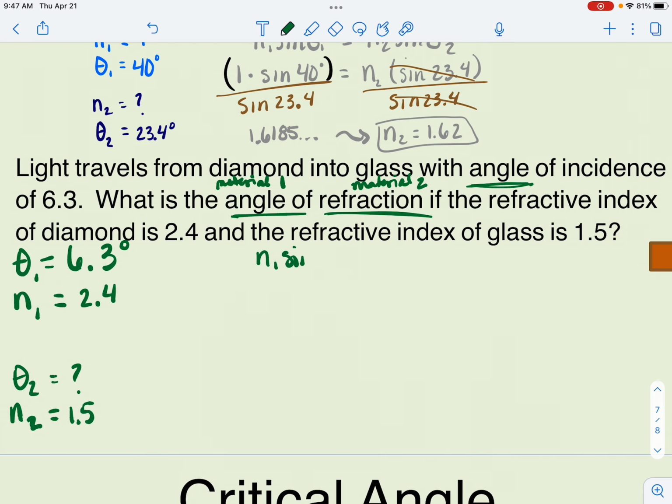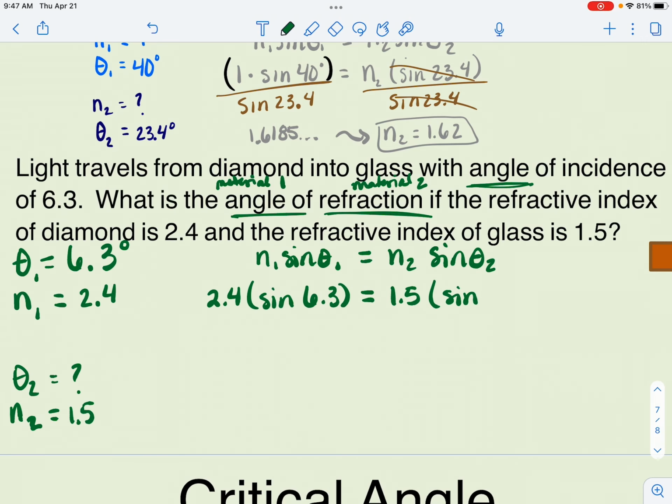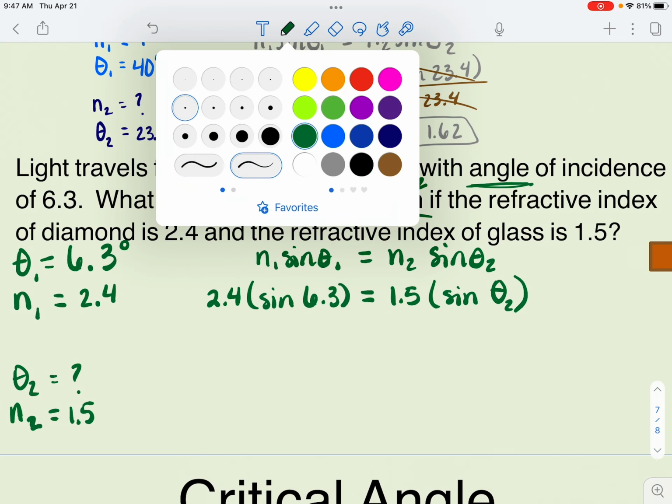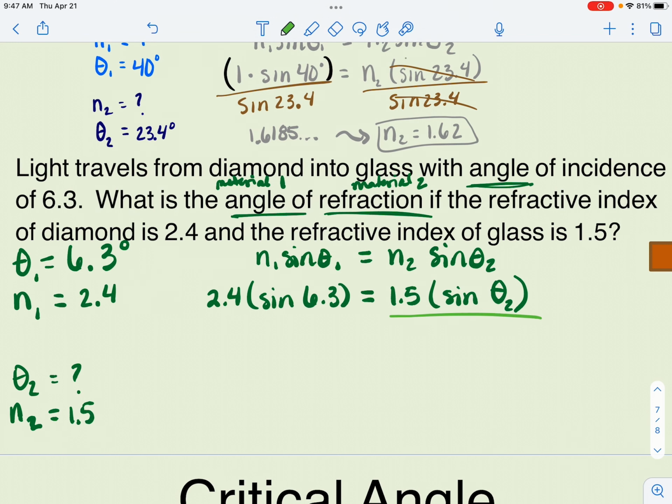So my equation is N1 sine theta 1 is equal to N2 sine theta 2. And so we're going to say 2.4 times the sine of 6.3 is equal to 1.5 times the sine of theta 2. Okay, so my algebra here says I am going to divide by 1.5. So I'm going to choose to now take my calculator.